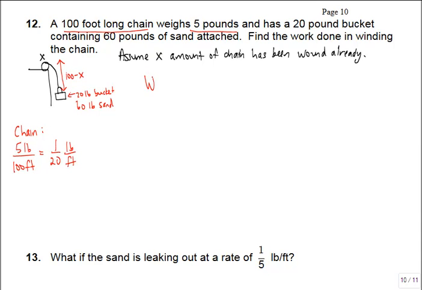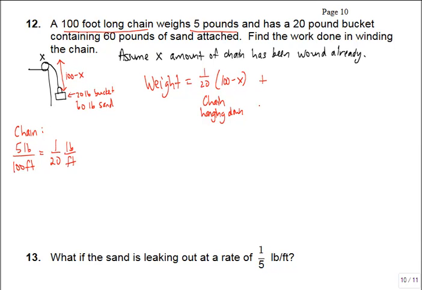So let's calculate our weight hanging down. That's going to be the weight of the chain that's hanging down. To calculate the weight of the chain, we need to know its pound per foot, which is this 1/20th pound per foot, times the amount of length or feet that's hanging down, which was this 100 minus X. So that's the weight of the chain pulling down.